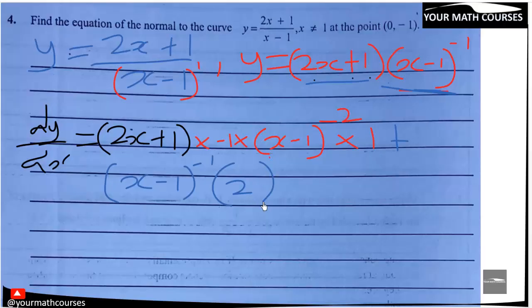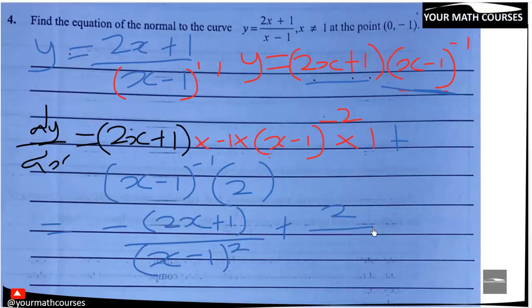So the whole thing is like negative of 2x plus 1 all over, now this is having an exponent of negative, so when I write it in the denominator, it becomes positive, all over x minus 1 all squared, then plus 2 over, this is having exponent of negative, so it goes to the denominator to become exponent positive 1.